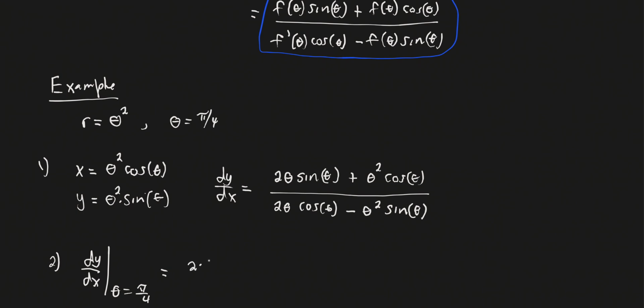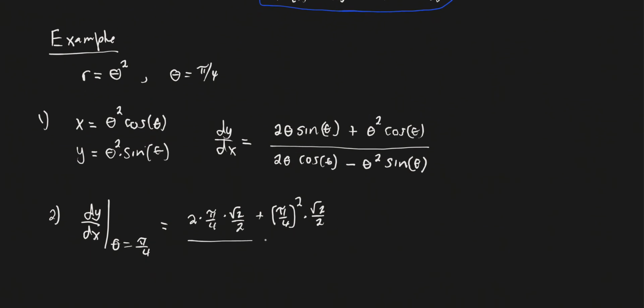So we'll have 2 times pi over 4 times root 2 over 2 plus pi over 4 squared times root 2 over 2, and then divided by a very similar expression.